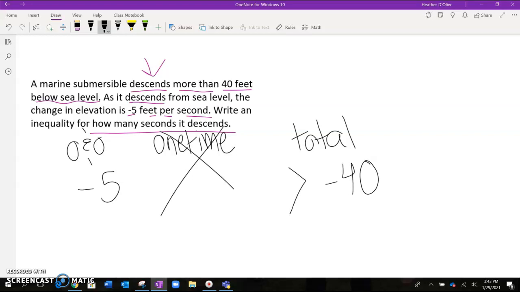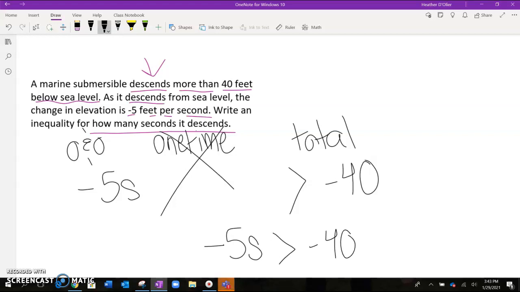And I need my variable, so I'm going to use S for seconds. Okay, so now I can break this down. So I go down 5 feet every second, that's multiplying it, and that amount should be greater than -40.